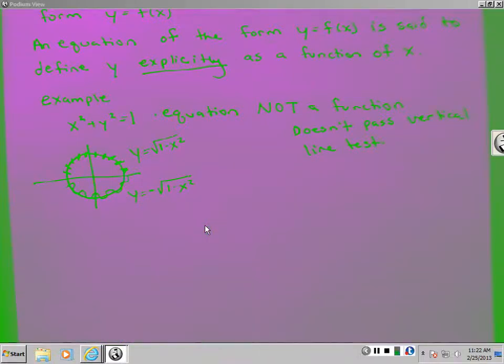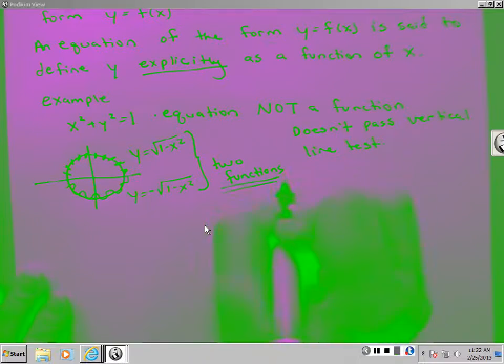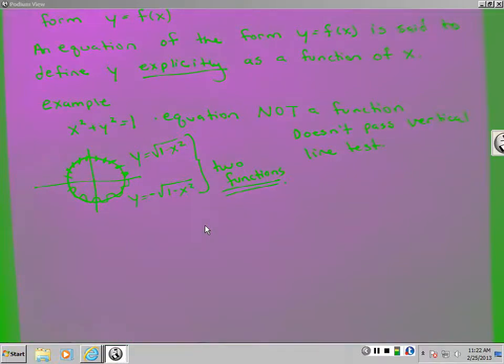These are two functions that represent this equation, right? If I graph y equals the square root of 1 minus x squared and y equals minus the square root of 1 minus x squared, I would get a circle centered at 0, 0 with radius 1. But this is not a function. You guys see that? But this is an explicit representation of this function.